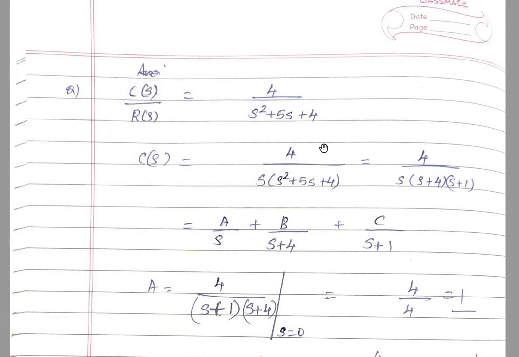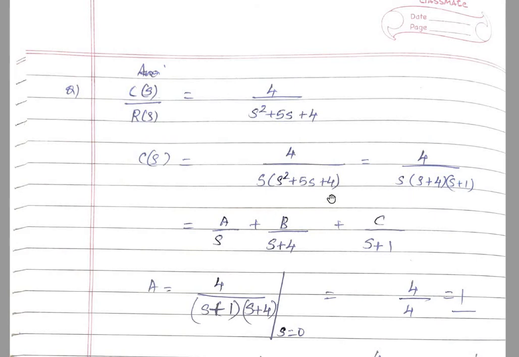So, here when the input is unit step, R of s will be equal to 1 by s, and substitute R of s is equal to 1 by s here. We can write the equation of C of s is equal to 4 divided by s into s square plus 5s plus 4.